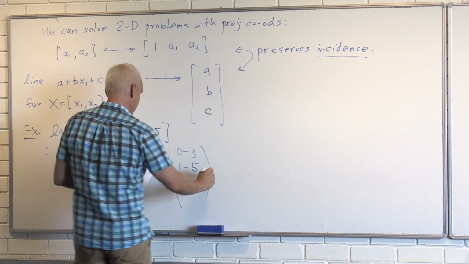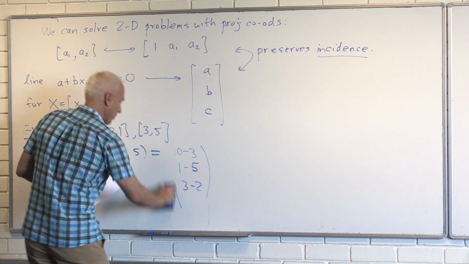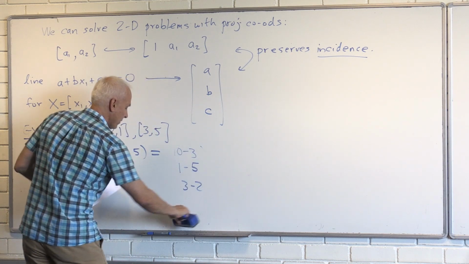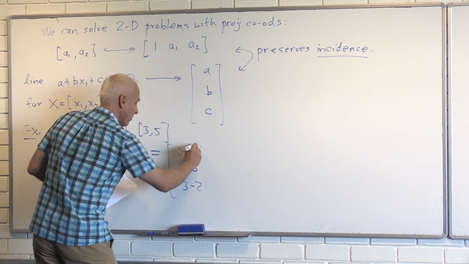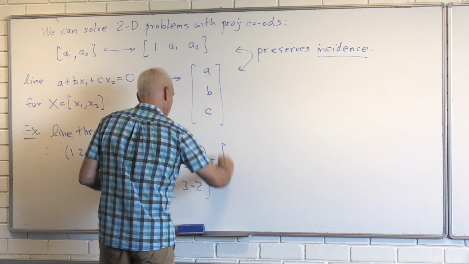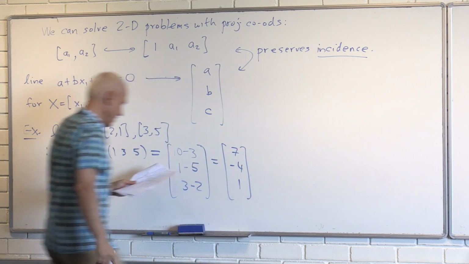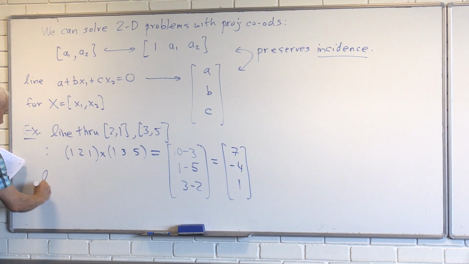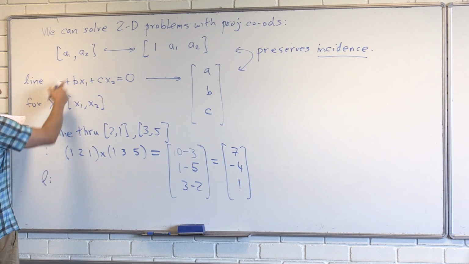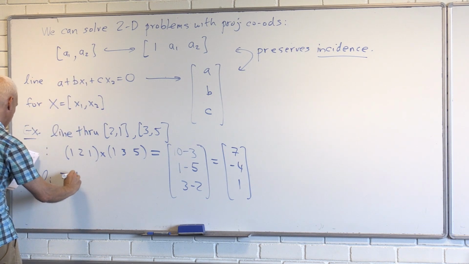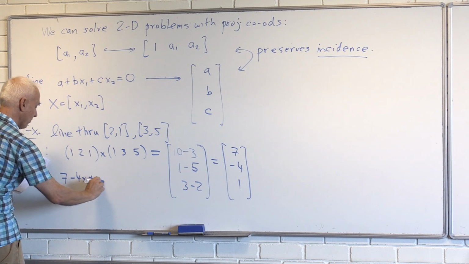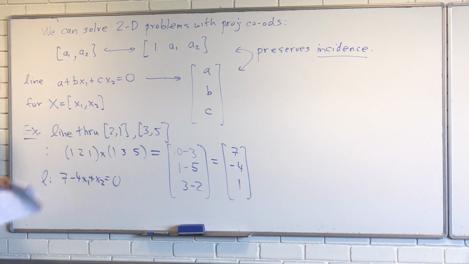So altogether we get, in square brackets, a column thing: 7, minus 4, 1. And that corresponds to the line. If we want to write down the equation in terms of x1, x2, it's 7 minus 4 x1 plus x2 equals 0. We just read the coefficients of that thing down, and that's the line.